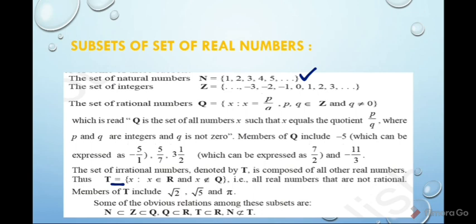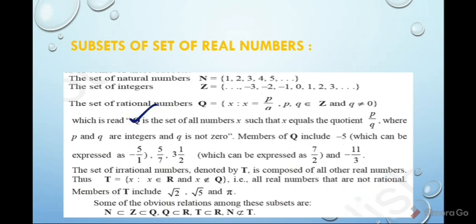So no element of N belongs to T. Similarly, no element of T belongs to N. So you can say that N is not a subset of T. Again, T is not a subset of N.